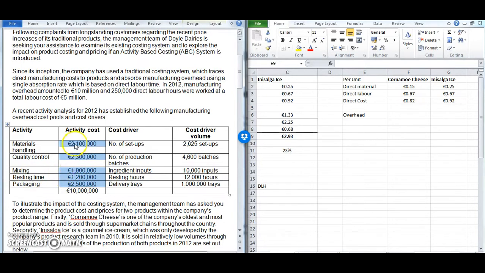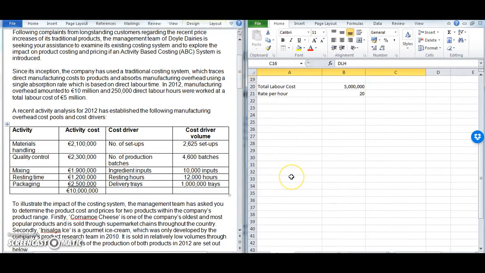And based on that, the cost driver is not just direct labour hours anymore. You're looking at setups, which is not volume based, it's transaction based, batches, inputs, number of hours, resting hours, and number of delivery trays used. So a lot more granular information that'll be very useful in getting a more accurate estimation of how much of the overheads are used by each of the products.